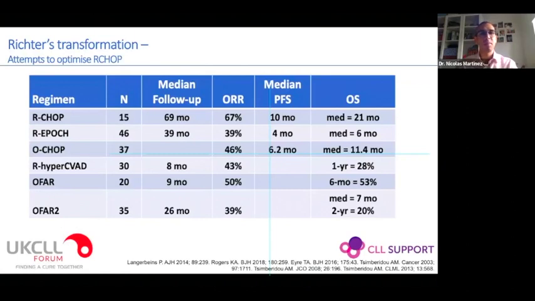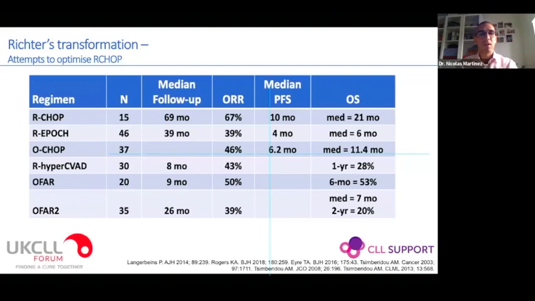And there are many other examples. These are just a handful of them, where you can see the overall response rate column and the median PFS column, or the 1 year, 6 months or 2 year PFS, whichever you want to look at. But essentially, the gist of these studies is that we haven't made progress, and even going into very aggressive regimens such as EPOCH or hyper-CVAD, they haven't made any difference.